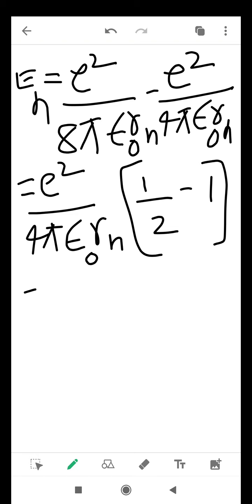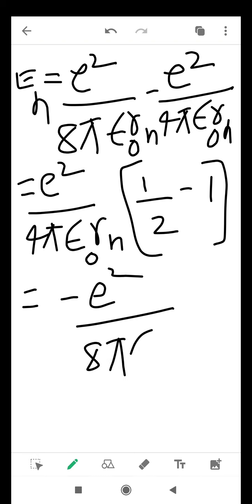Therefore the expression becomes minus e square divided by 8 pi epsilon naught into Rn. This is the expression for the total energy.